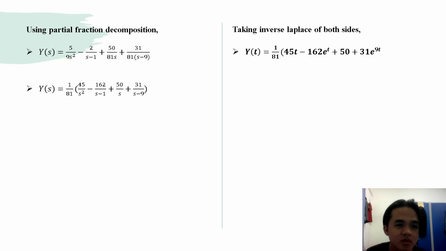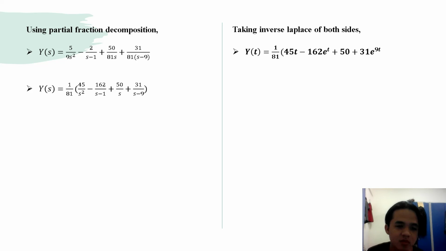Assalamualaikum warahmatullahi wabarakatuh. My name is Muhammad Daniel. I will continue my presentation by using partial fraction decomposition. The equation will be Y(s) equal 5 over 9s square minus 2 over s minus 1 plus 50 over 81s plus 31 over 81 in bracket s minus 9. And then we take out the 81 outside the bracket.